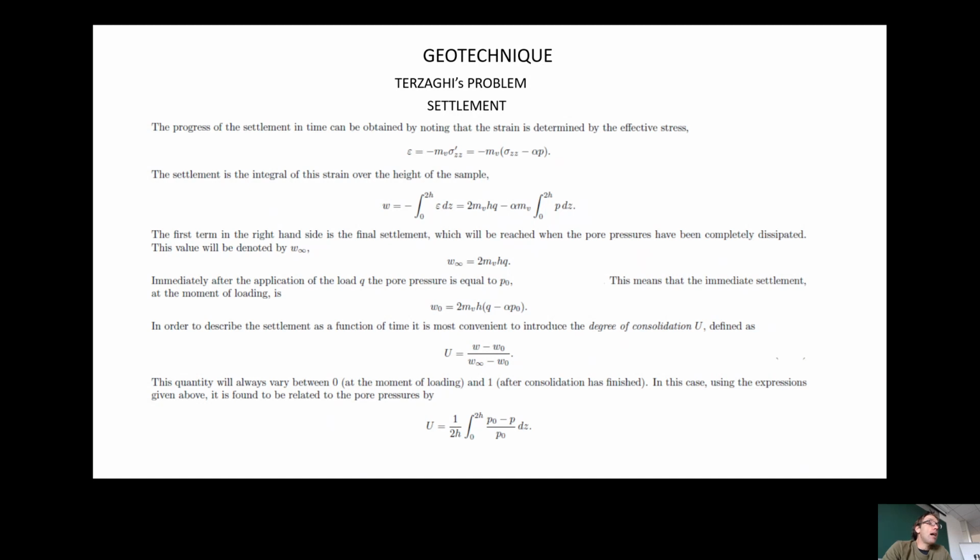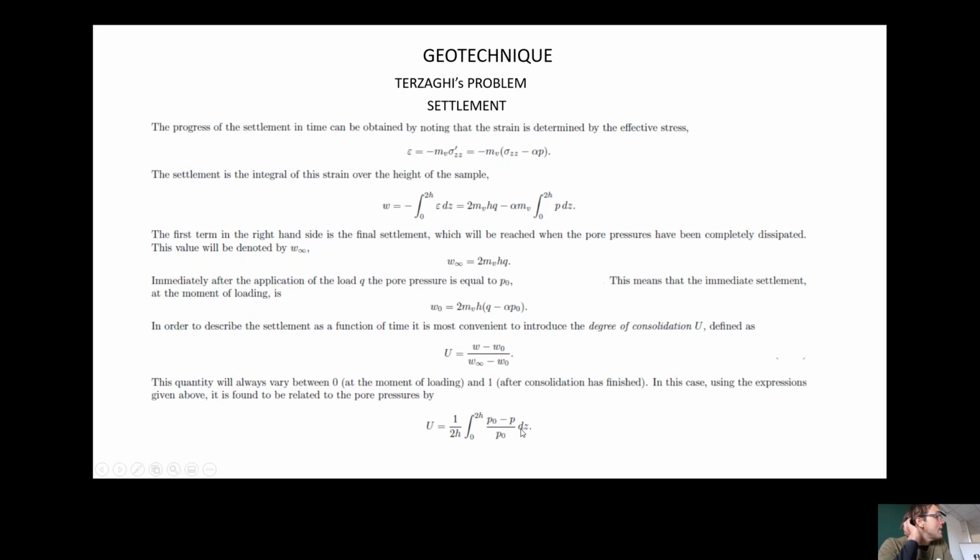And at this point, we can introduce this U inside the expression given above, and we can relate the pore pressure with U in this way. So if we introduce P0 inside this integral, we can write U as 1 over H that multiplies this integral, where P0 minus P over P0 dz.